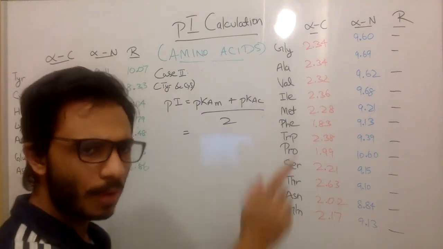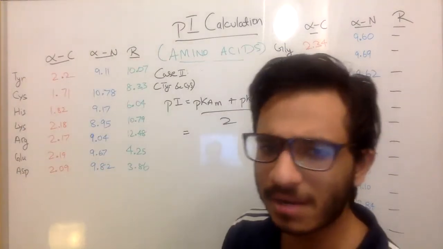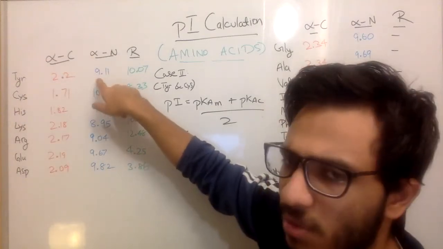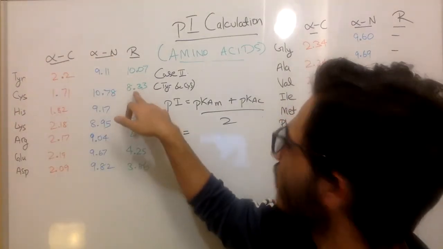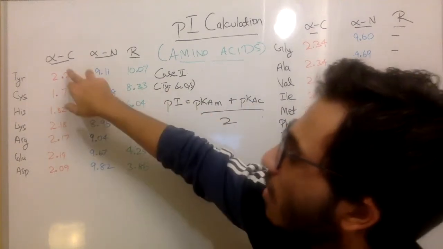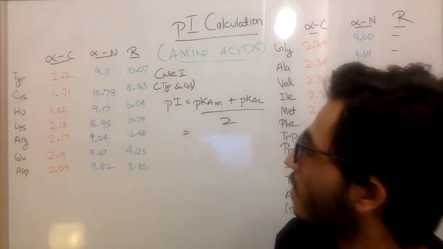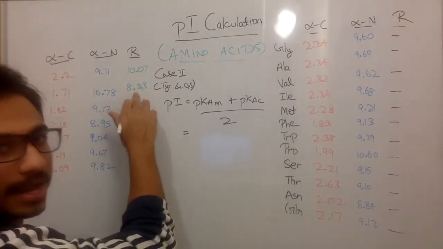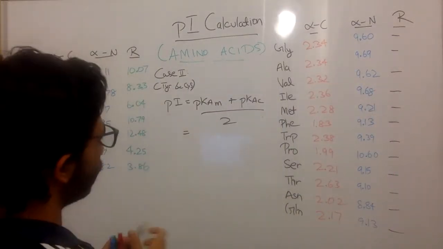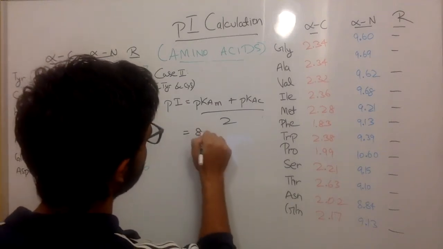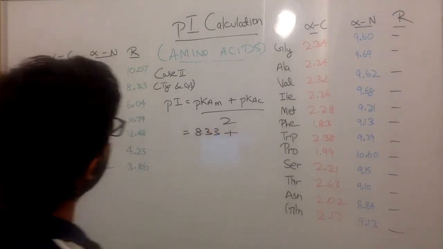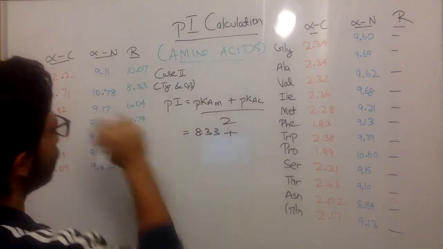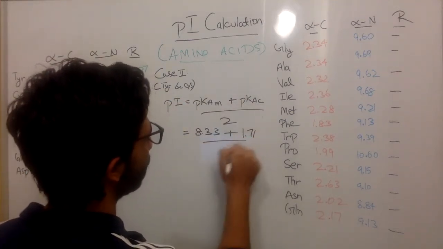So this is the most complicated because first you take the middle value of the 3 pKas for tyrosine and cysteine. For tyrosine it was 9.11, for cysteine it was 8.33, and then you add the pKa of the carboxy group. So let's do it for cysteine. It would be 8.33 plus the carboxy group pKa, 1.71, divided by 2.